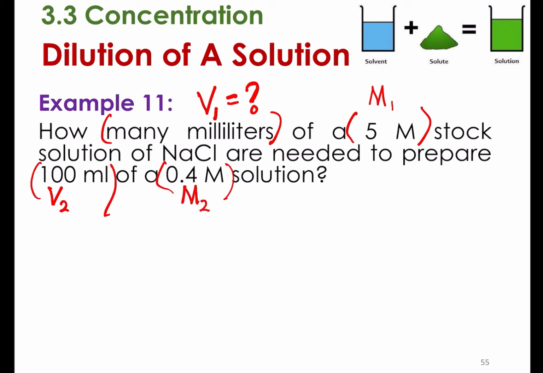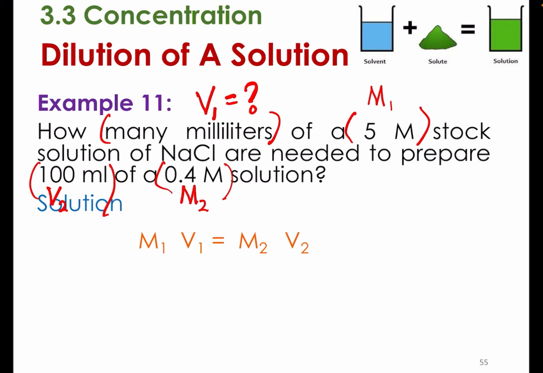So what I'm going to do now, I'm going to put the values into the formula, where my formula is M1V1 equals M2V2. And make sure you label the values given from the question. So I put my values except for V1, which I want to find out right now.